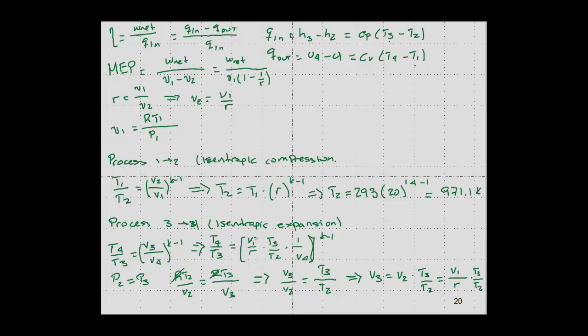But V1 and V4 are the same, so we have cancelled this, and we can solve for T4 now, which will be 1 over R times T3 over T2, all to the k minus 1, times T3. In the next page we're going to keep this.